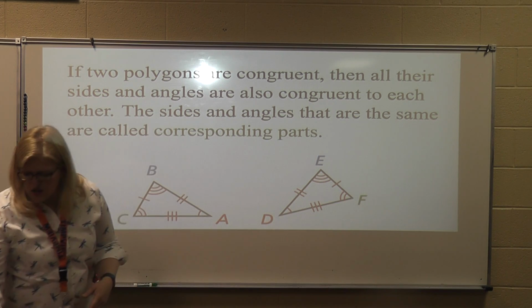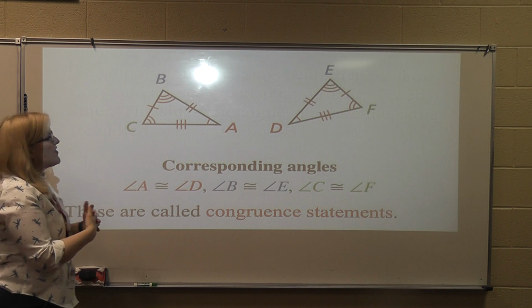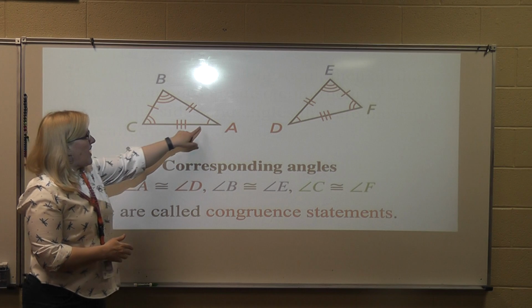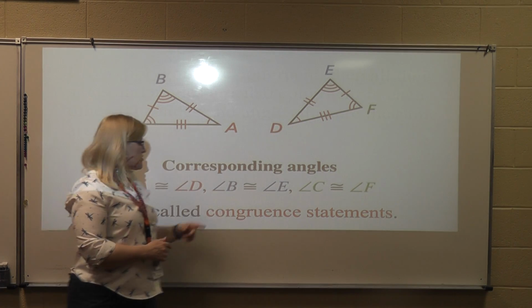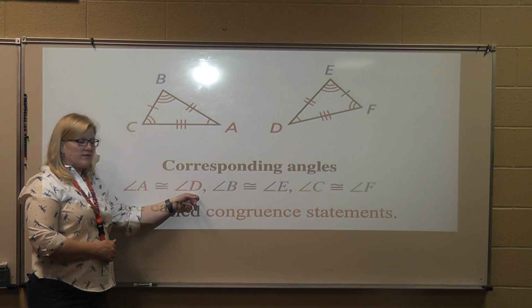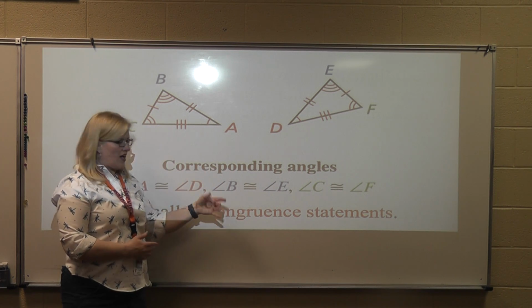So let's look at this just a little bit more carefully. The way that these are written, when you have corresponding angles, angle A just has the one line, and so does angle D. So angle A is congruent to angle D. Angle B and angle E both have the two, and we went over this in the earlier slide a little bit.